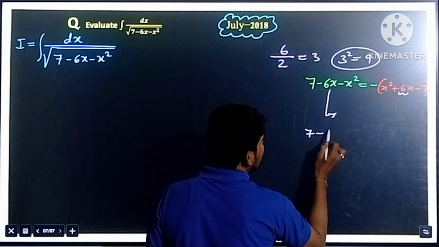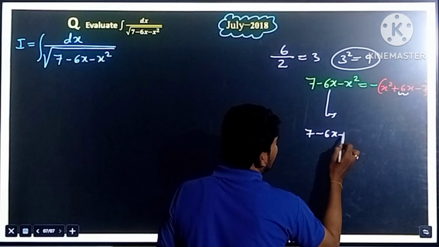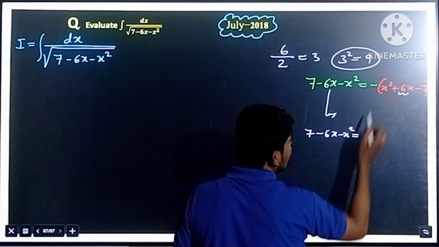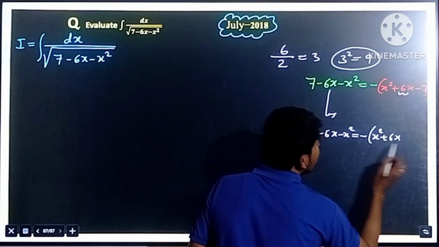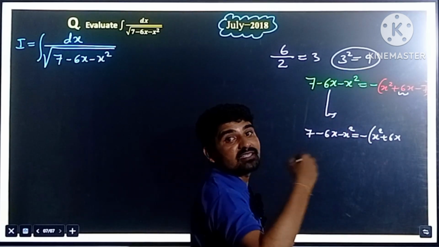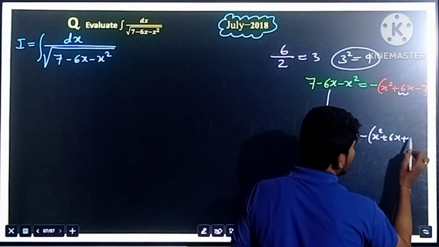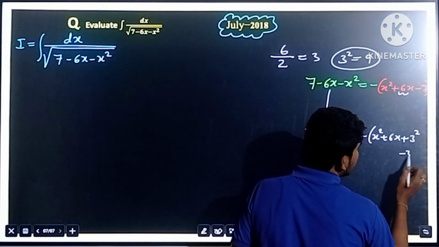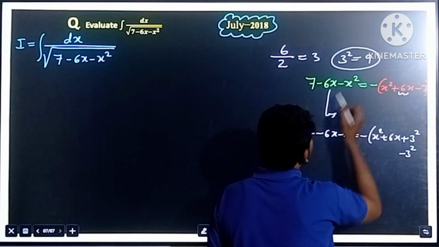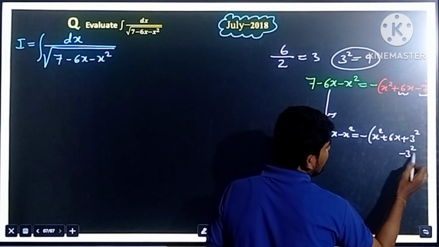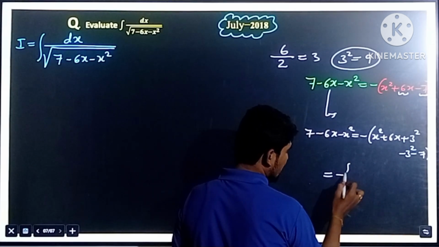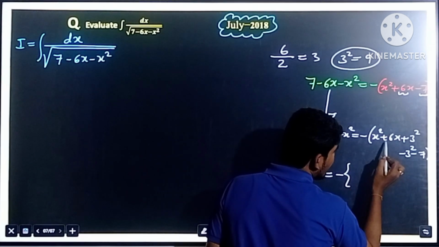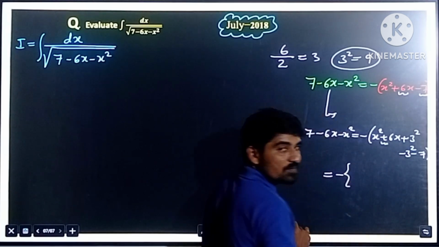So 7 minus 6x minus x square is equal to minus of x square plus 6x, add 3 square and subtract 3 square, plus 3 square minus 3 square, minus 7. See here, minus of, here the coefficient of x is plus.